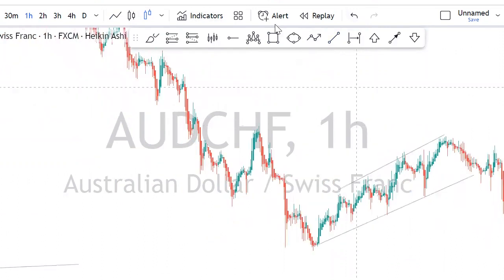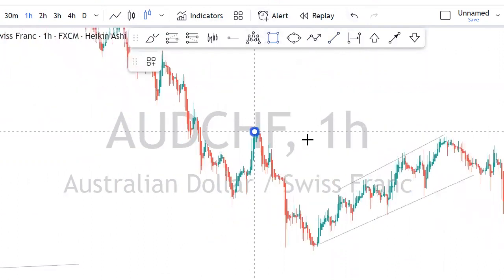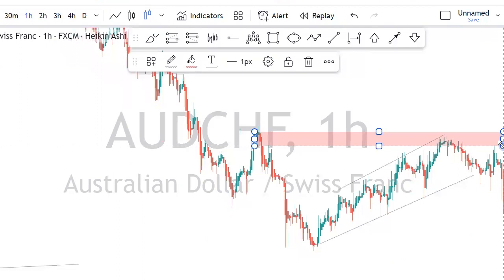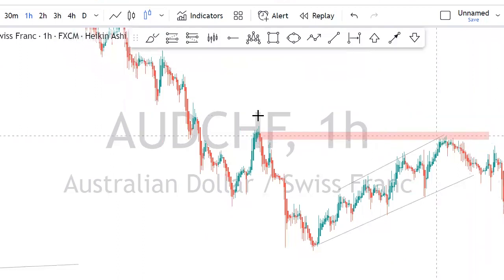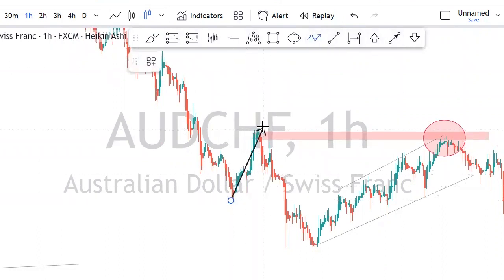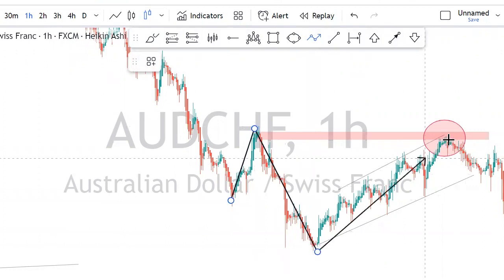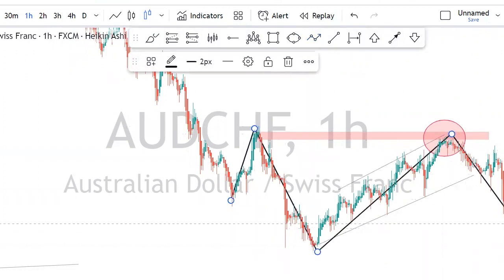And as you can see, the previous high was at this area right there, which would have given you confidence that if the price reaches this point right here and it rejects, it's somewhat of a double top to the downside.